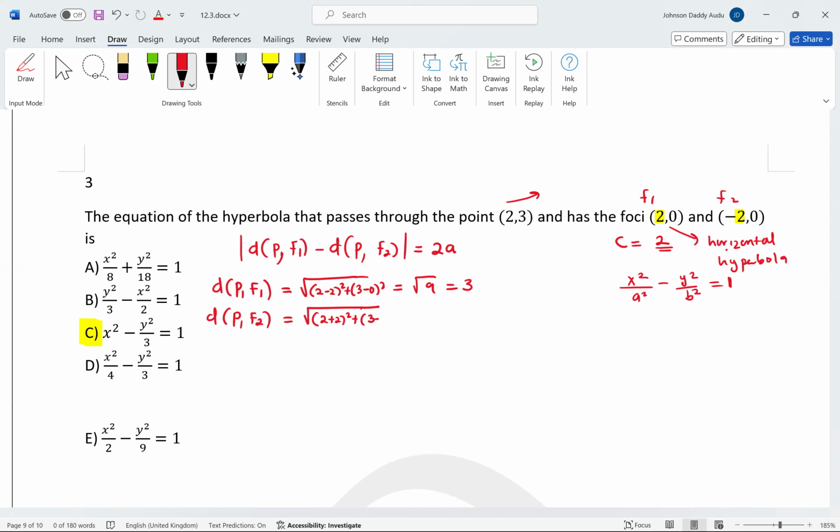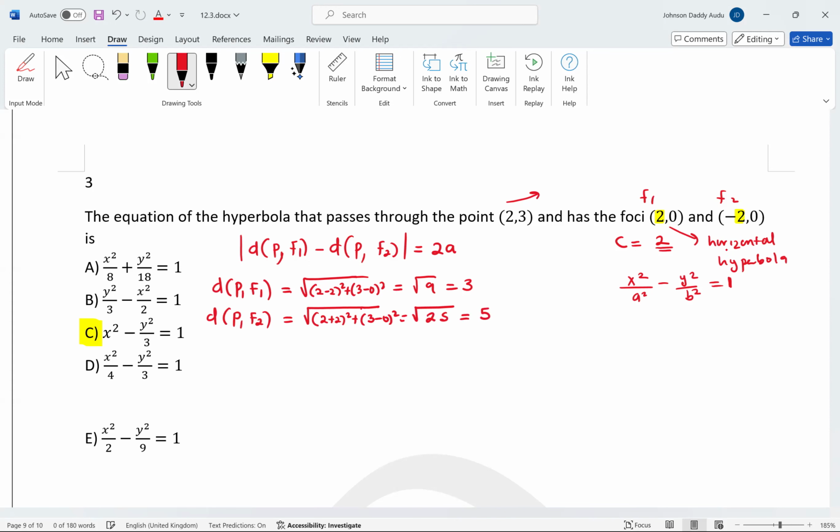So this is 4 squared, so this is 16 and this is 9. So square root of 25. So this is going to be 5.